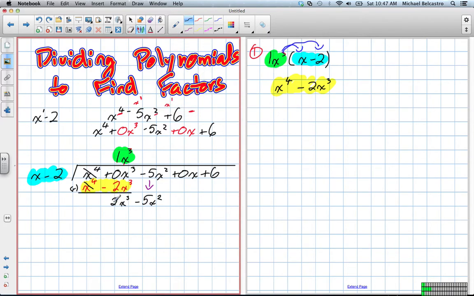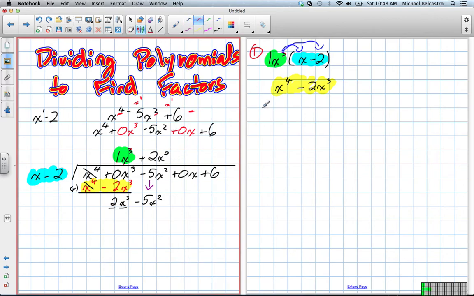So this is a coefficient of 2. In order to get my coefficient of 2, I have to multiply by 2. So in fact, it needs to be positive 2. And this is a power of 3, and mine's only a power of 1, so I have to multiply by a power of 2, x to the power of 2.